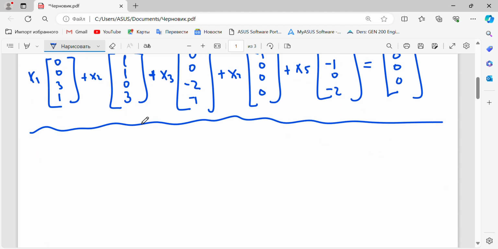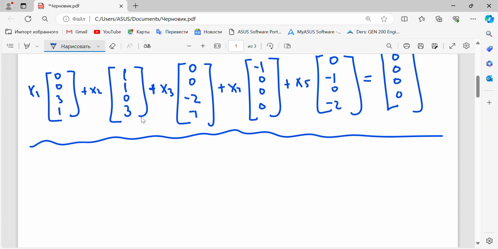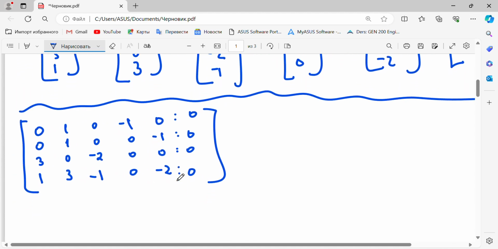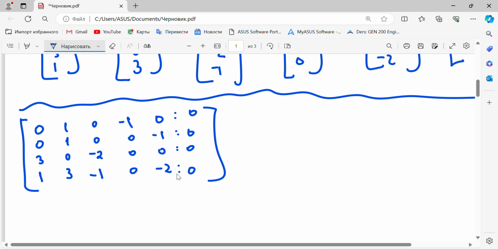So let's create the following matrix. Okay, let me zoom a bit and let's work with row operations. As you can see, the first component is 0. Let's make it 1.